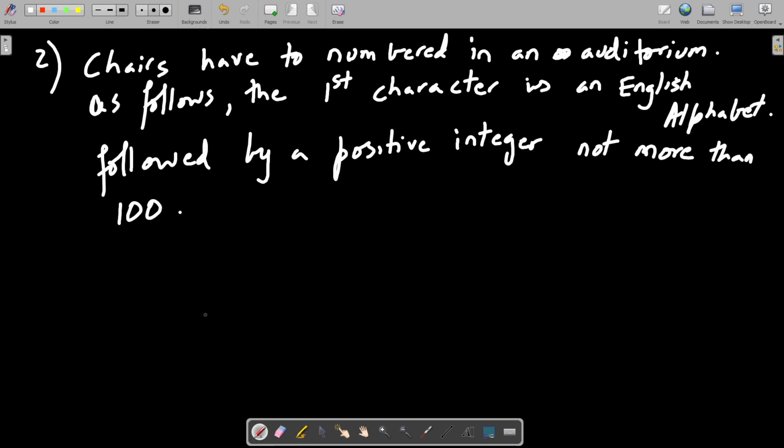Okay, so in your movie theaters and all, you have to number your chairs, right? So the rows are given English alphabets and the horizontal number of chairs are given some numbers, right?